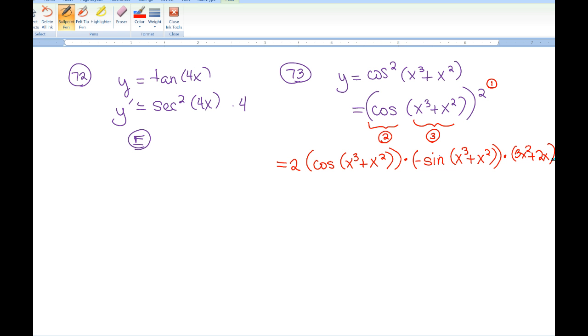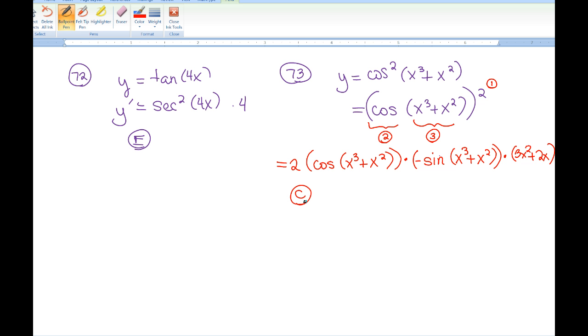Then we just have to match it. Oh, yeah, it's C. Sorry, they just rearranged a few things. They just moved the negative out in front, and they put the 3x squared plus the 2x out in front.